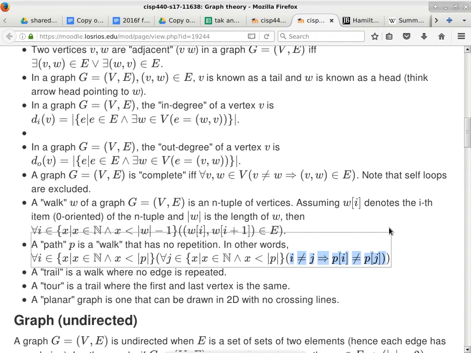A implies B can be rewritten as not A or B, right? So that means if A is false, then the entire thing is going to be true. Because if A is false, the negation of A is true. But if one side of a disjunction is true, I don't even need to know what B is, right?